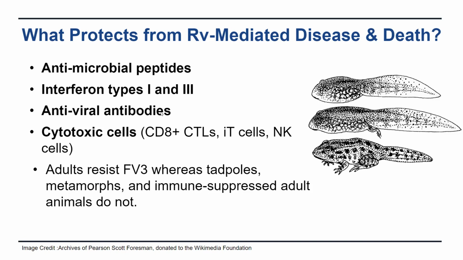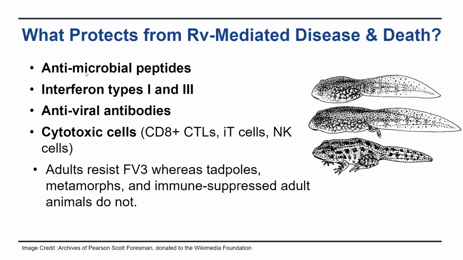Infected animals produce antiviral antibodies that neutralize infectivity. And there are also a variety of cytotoxic cells that will kill virus-infected cells and limit virus replication. And these cytotoxic cells can be both innate cells like natural killer cells, or they could result from acquired immunity, such as CD8 positive cytotoxic T cells.